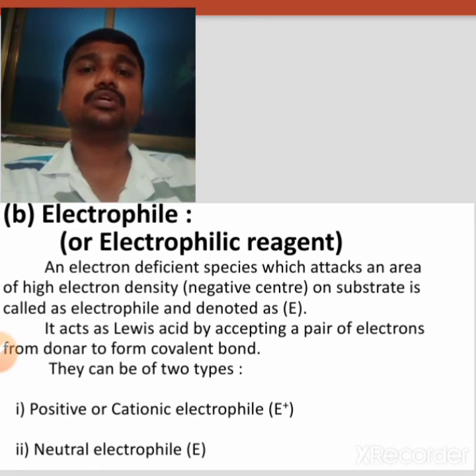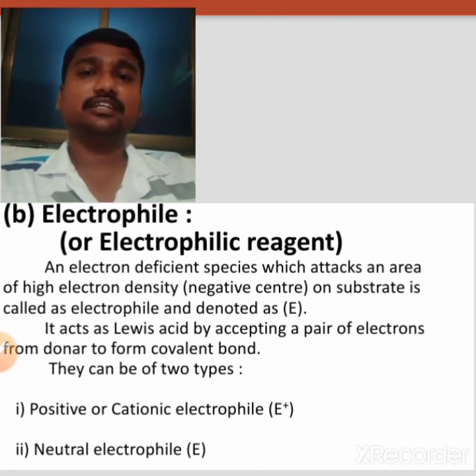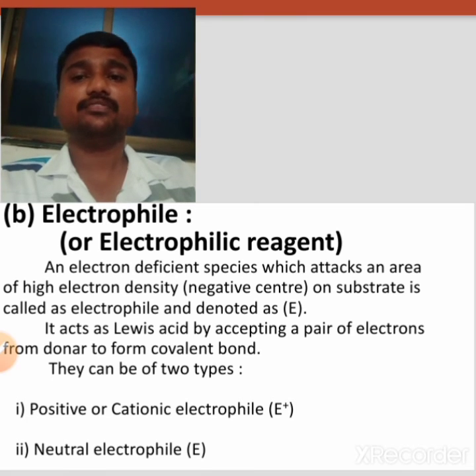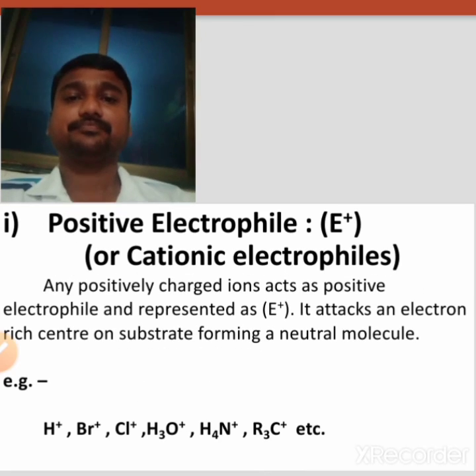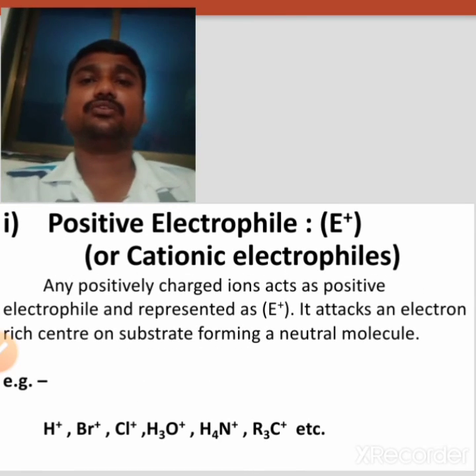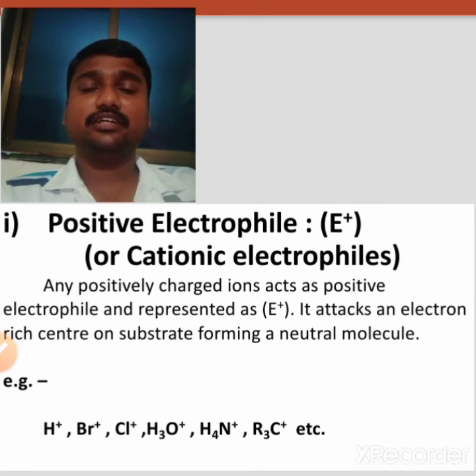They can be of two types. First one is positive electrophile, also called cationic electrophile, and second is neutral electrophile. First, positive electrophile, it is denoted by E plus.